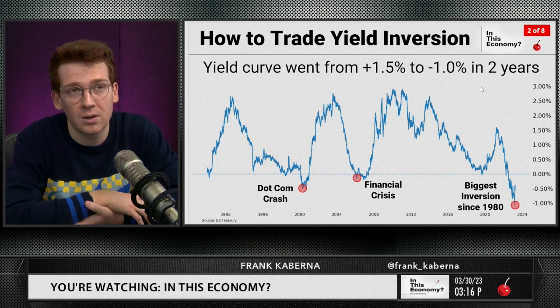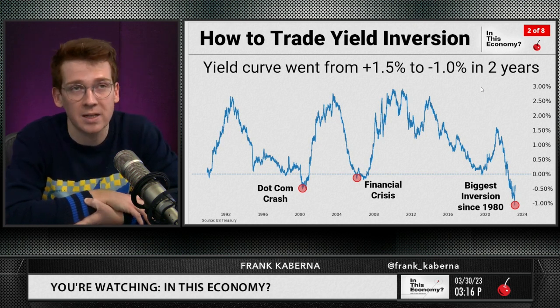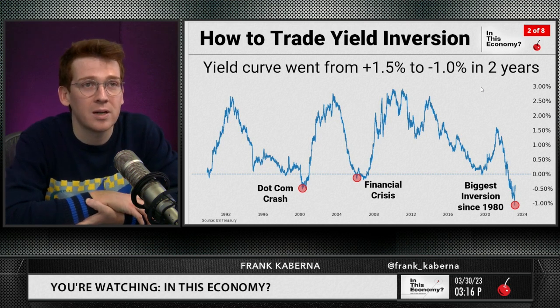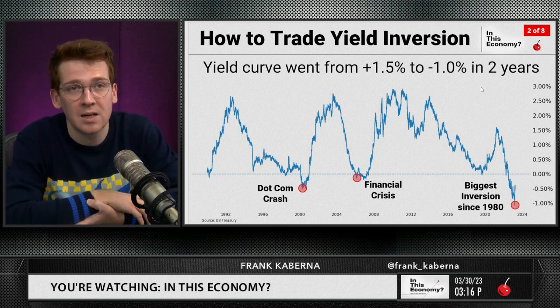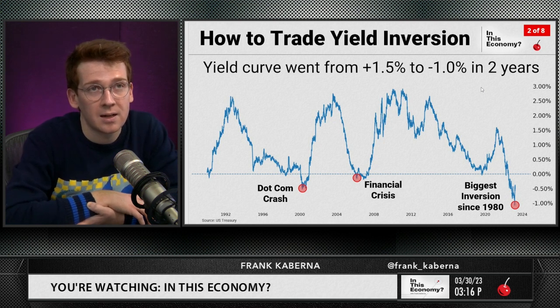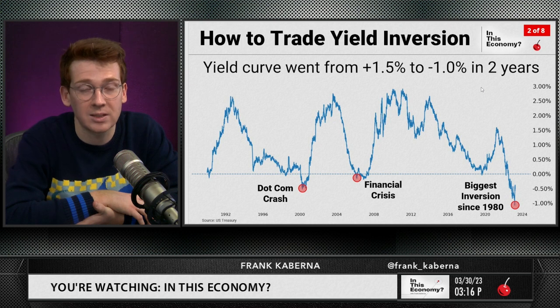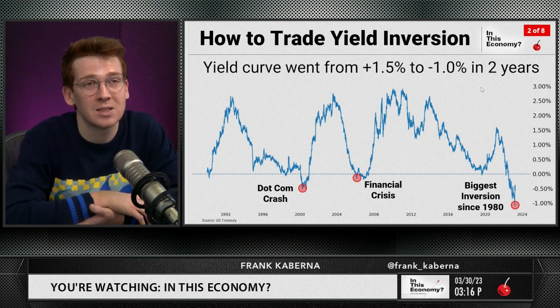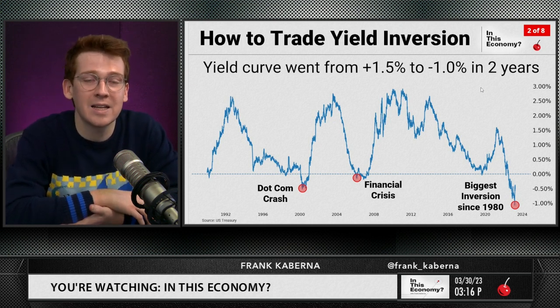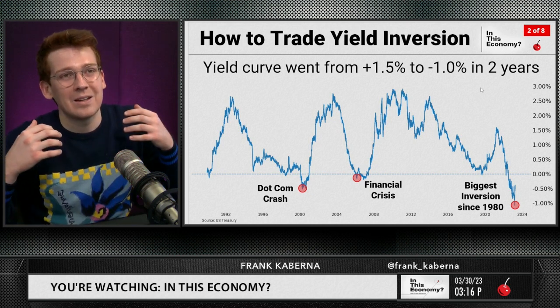There, just a few years ago, there was an inversion blip, and we just went right back into normal territory. And the stock market, obviously, momentary crash during the pandemic there, but the stock market ended up closing around all-time highs there in 2020.